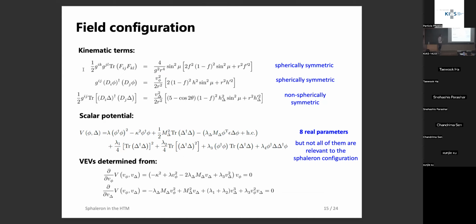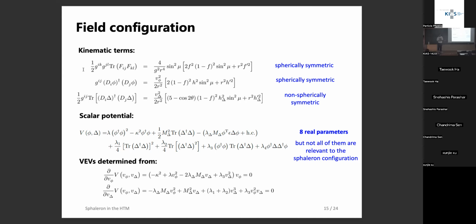We can see that the kinetic terms of the gauge fields and the doublet scalar are very simple, and almost the same as the case of the standard model, which has a spherical symmetry. While the kinetic term of the triplet scalar is a little different from the previous terms, because it depends on theta, which means it is not spherically symmetric.